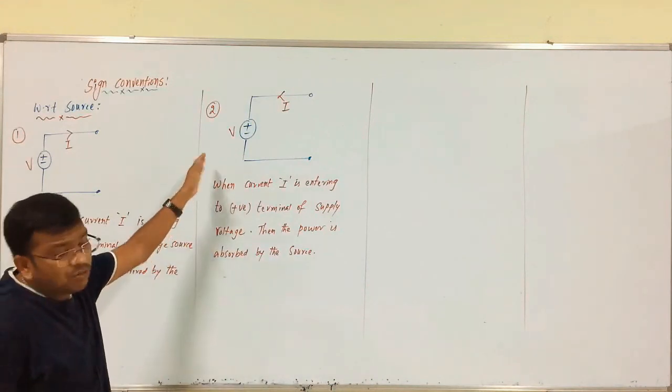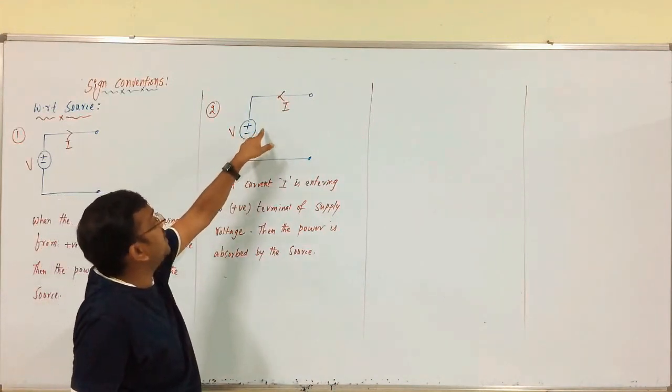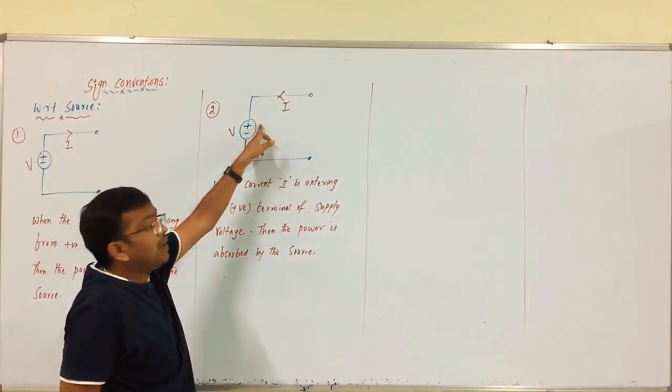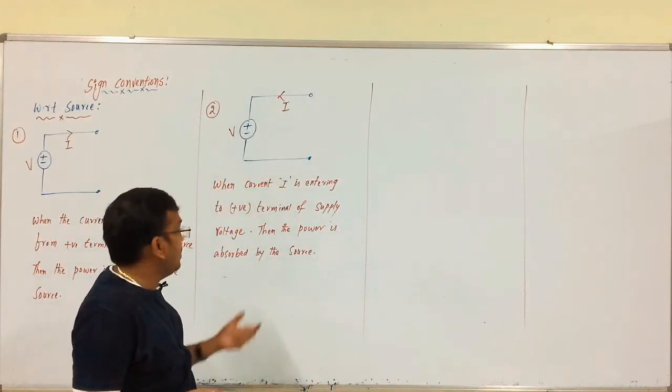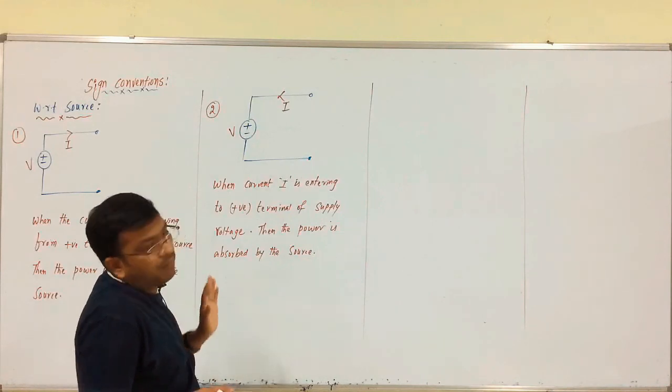Then the power is absorbed by the source means what? The current is entering from this positive terminal and leaving from the negative terminal. Then the power is absorbed by the source.